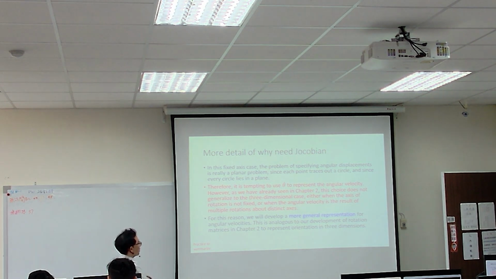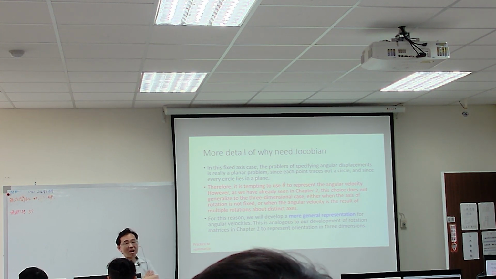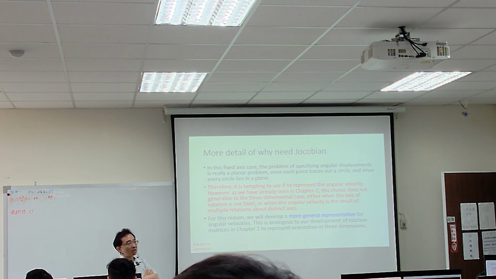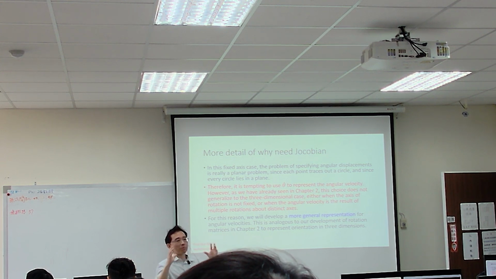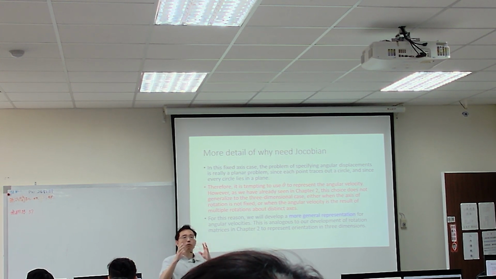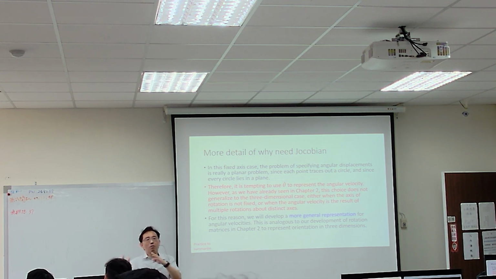The summary is that they try to describe why the angular velocity is not enough information. We multiply several matrices together to find the final transformation matrix for one joint.